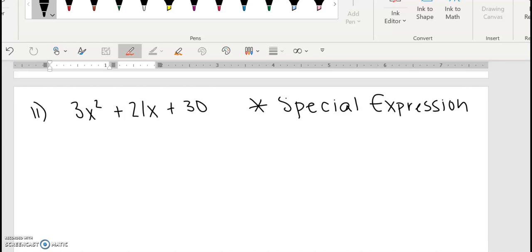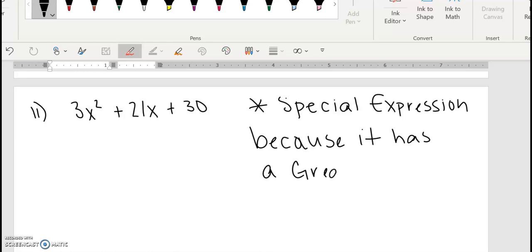Okay, I wanted to leave a lot of room for this problem. Number 11, 3x squared plus 21x plus 30. This is a special expression, and that is because it has a greatest common factor.